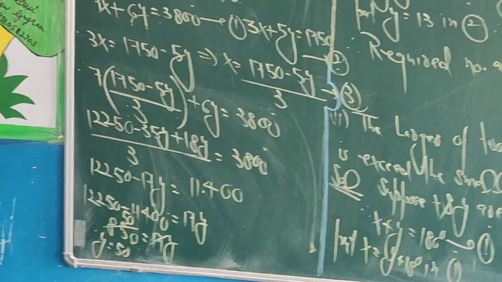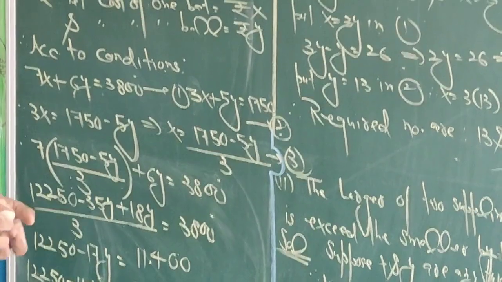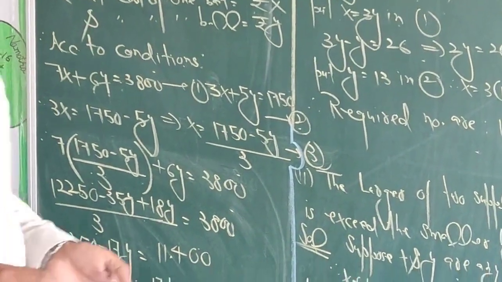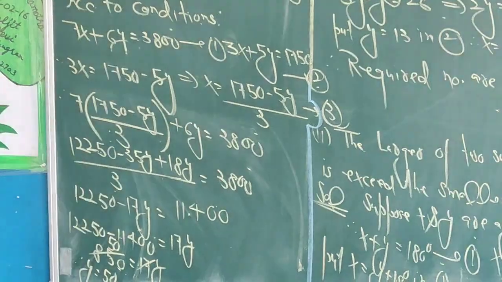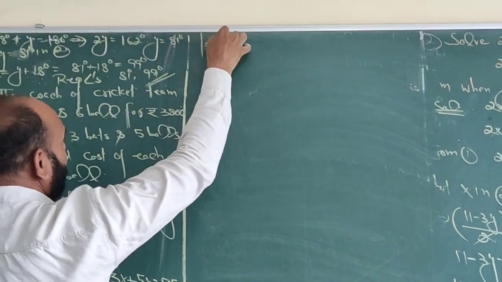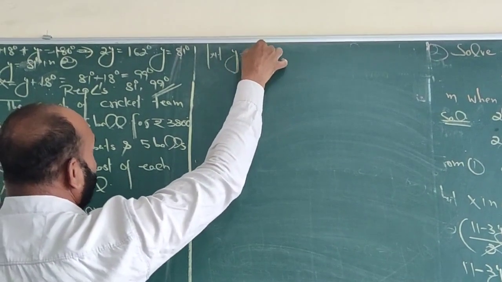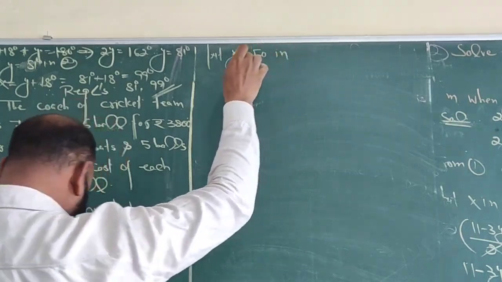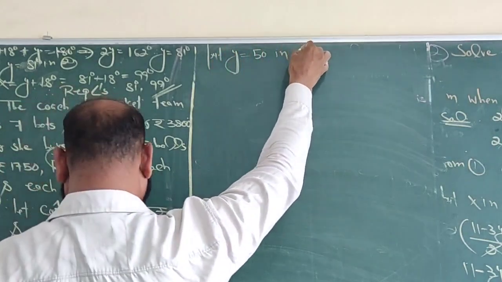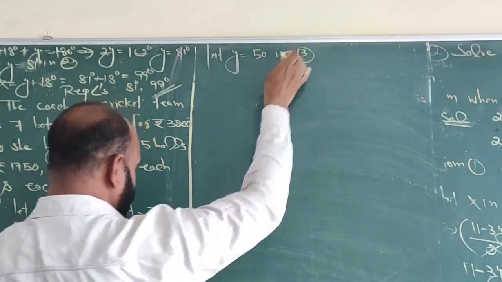Now put y equal to 50 in equation number 3.